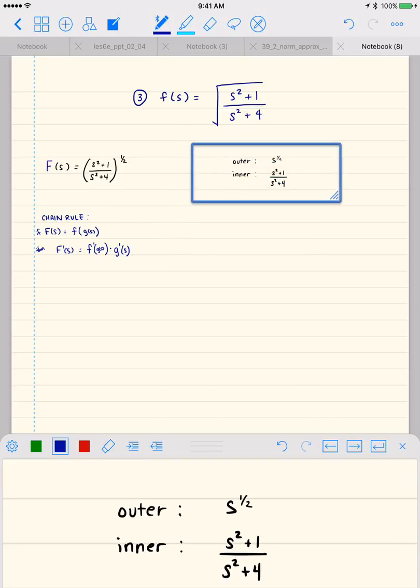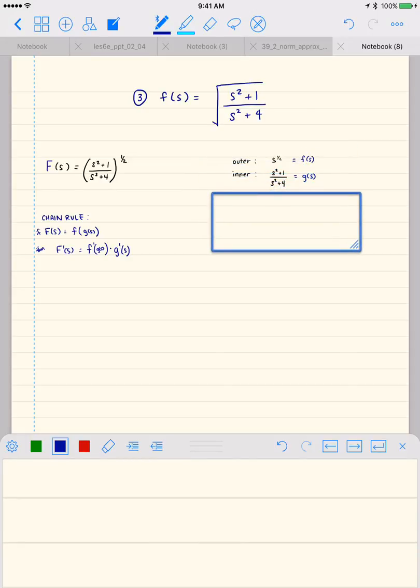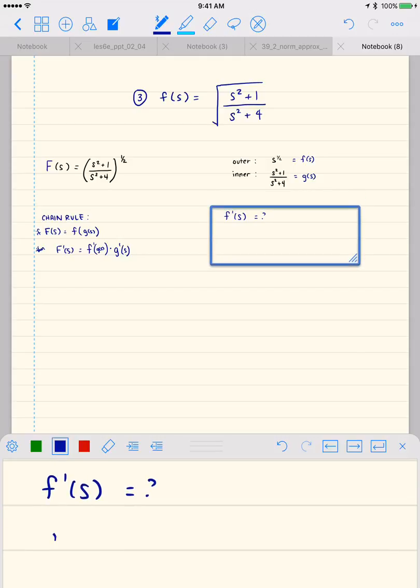So for my outer, which is s to the 1/2, we'll just call this big F of s, because remember, big or little f of s, and my inner is going to be g of s. So I need f prime of s, and I need g prime of s.